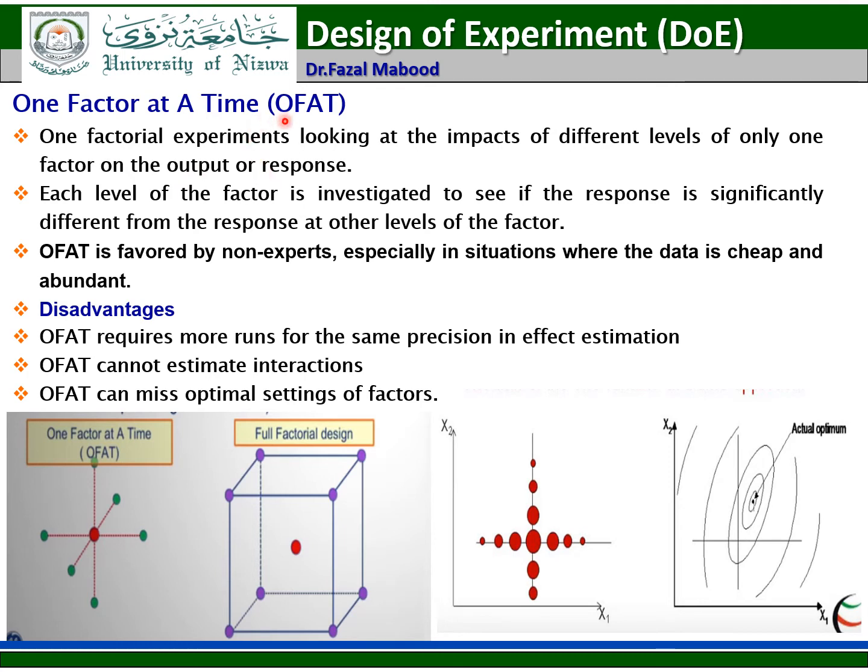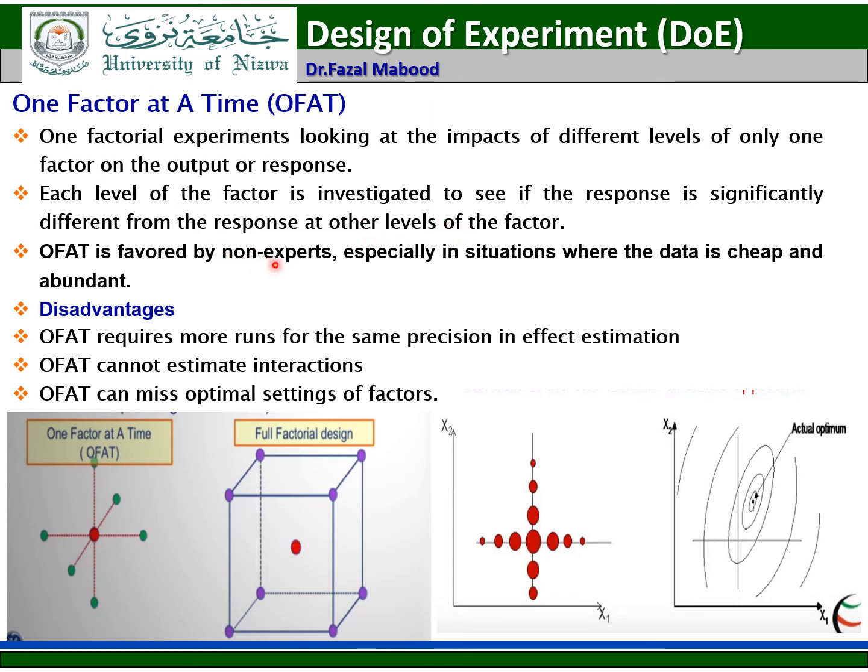So in case of OFAT, we are looking at the effect of one factor on the response using different levels of one factor. Each level of the factor is investigated to see if the response is significantly different from the response at other levels of the factor.